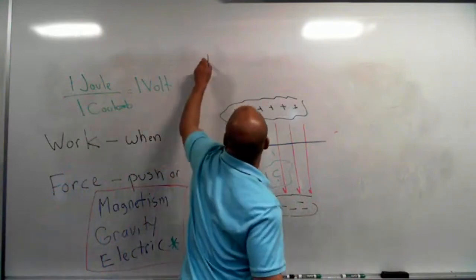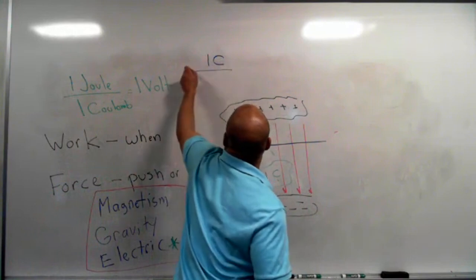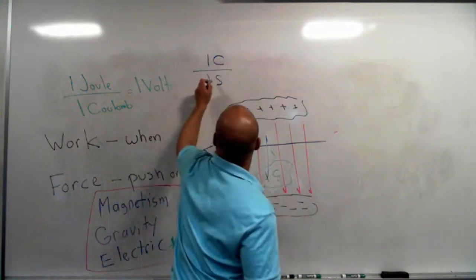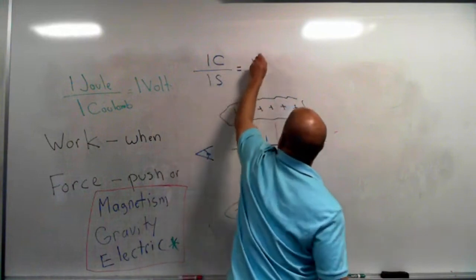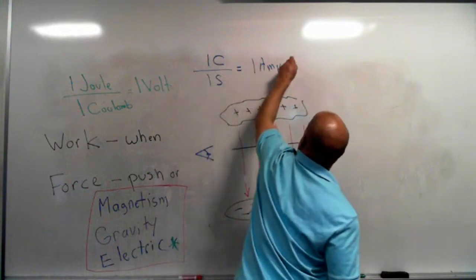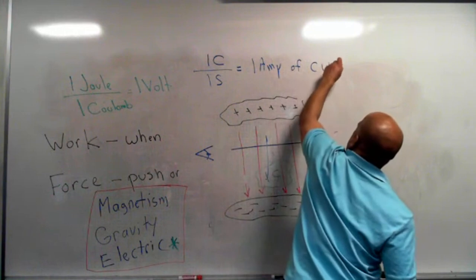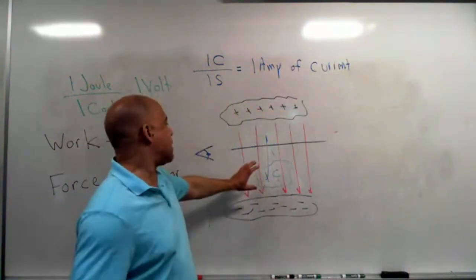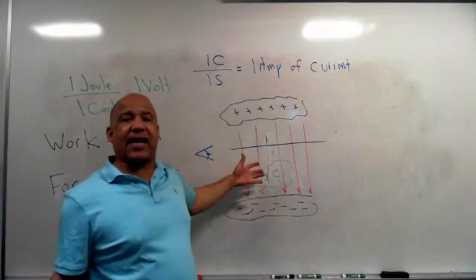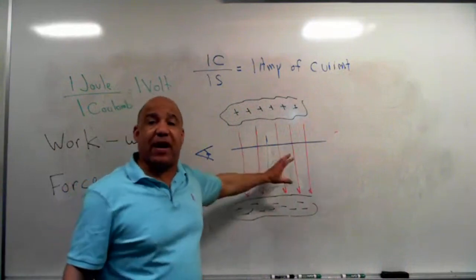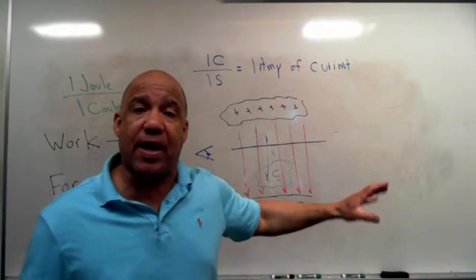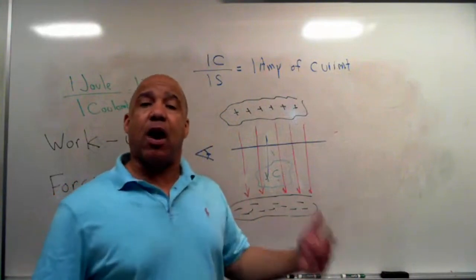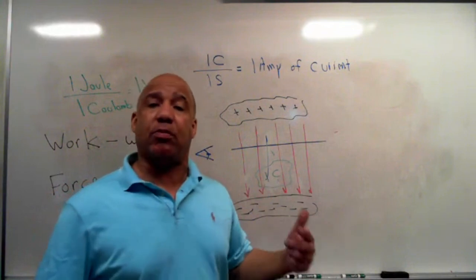If 1 coulomb of charge passes this point in 1 second, then I have 1 ampere of current. If I just have charge sitting there, I just have charge. But if I make that charge move, now I have charge that's flowing. I have electric current. So all electric current is charge in motion.